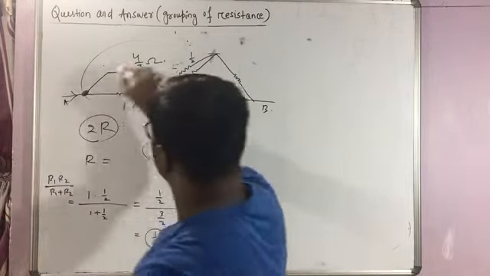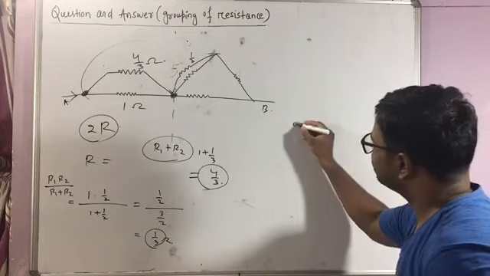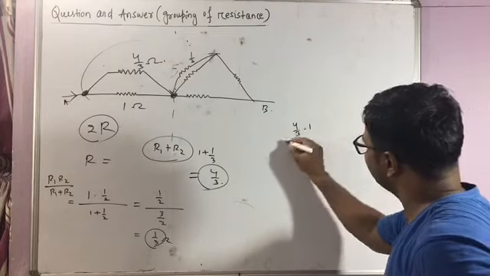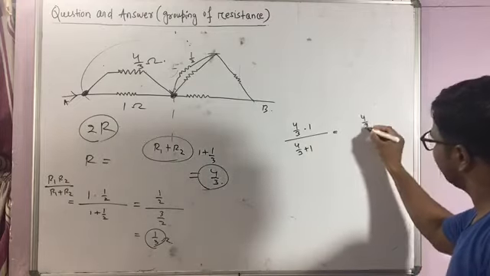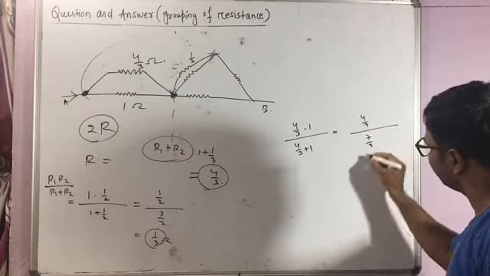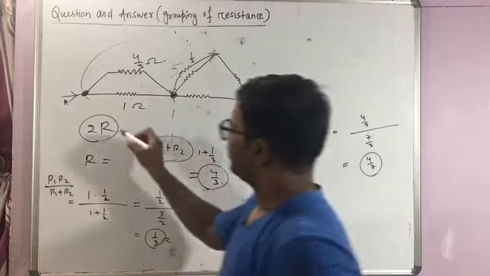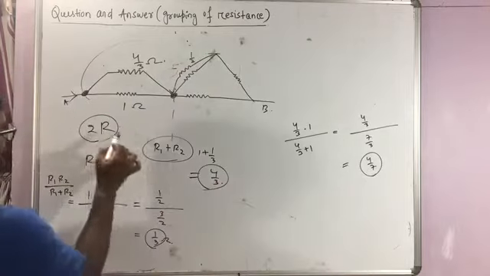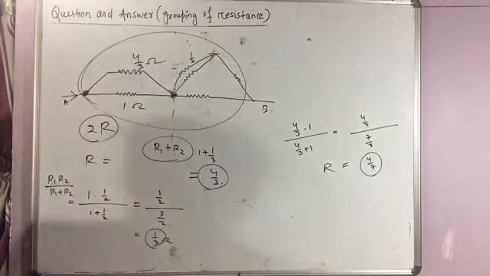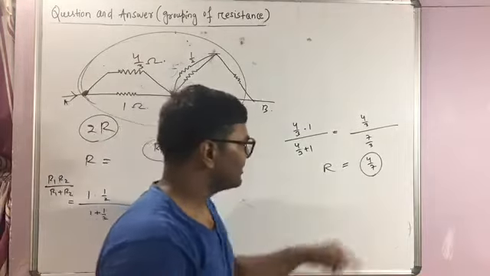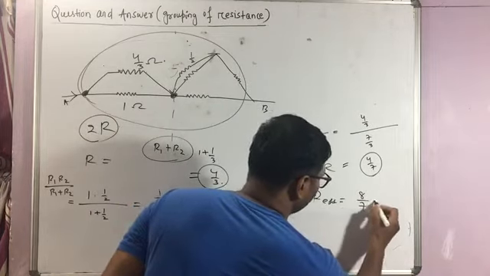Now the effective resistance of this part, we can apply the formula R1 R2 by R1 plus R2, so 4 by 3 into 1 divided by 4 by 3 plus 1, which is 4 by 3 divided by 7 by 3, which is 4 by 7. So R is equal to 4 by 7. But the entire network's resistance would be 2R, which is 2 into 4 by 7. So R effective is equal to 8 by 7 ohm.